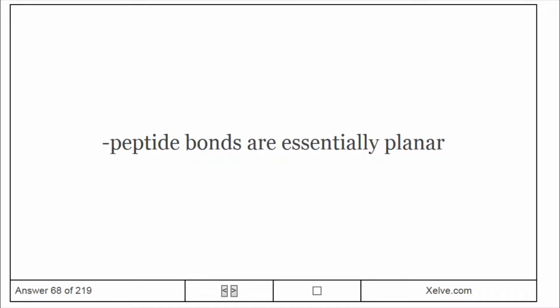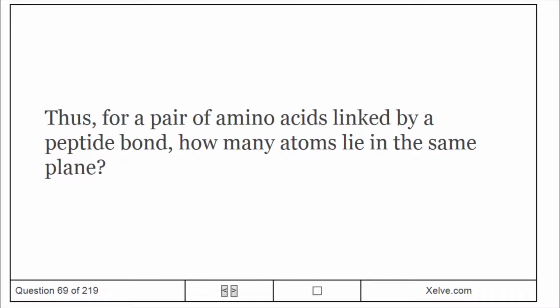Describe the shape of a peptide bond. Peptide bonds are essentially planar. Thus, for a pair of amino acids linked by a peptide bond, how many atoms lie in the same plane?